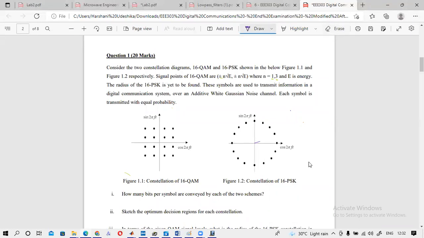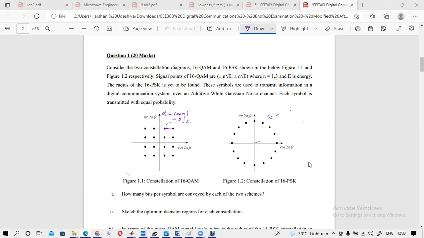So you can see that the distance between these two points will be 2 root Es. This is the minimum distance of QAM, the minimum distance between adjacent points. Minimum distance of two constellation points, that is 2 root Es. And for this one you will get maybe 0.0216.